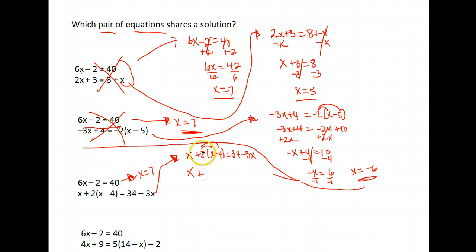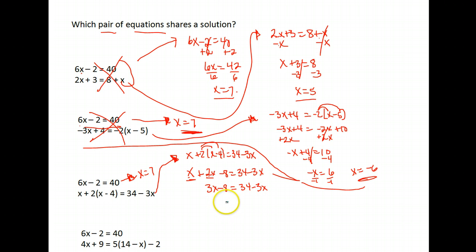And I get x plus 2 times x is 2x, 2 times negative 4 is negative 8, equals 34 minus 3x. Here I have another thing added in here. Notice I have x's on the same side of the equation. I have 1 and 2. 1 plus 2 gives me 3x minus 8 equals 34 minus 3x.